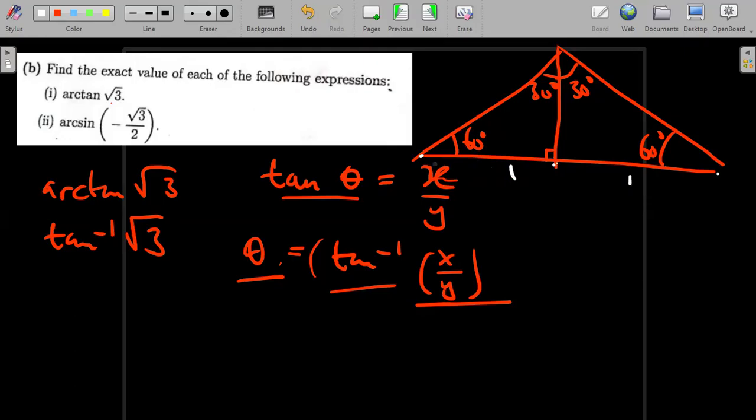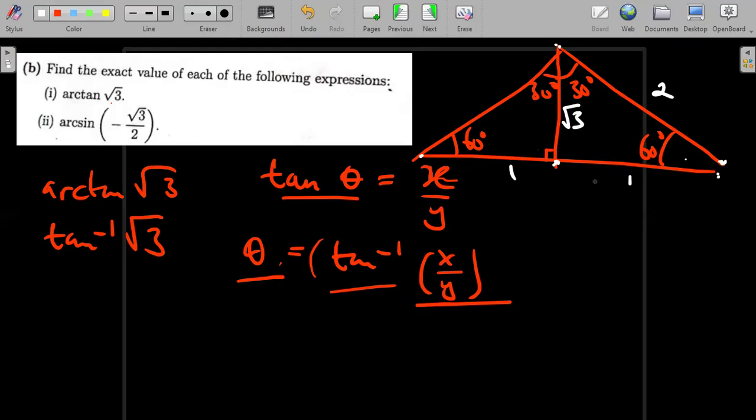So in total this distance is 2, but from the midpoint to that point it's 1. Then from this point to the next one, this is 2. And from this point up to there, this gives me root of 3.